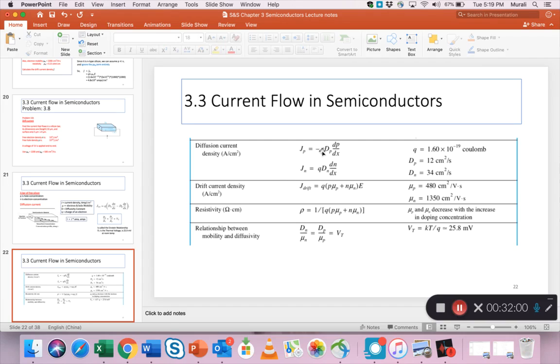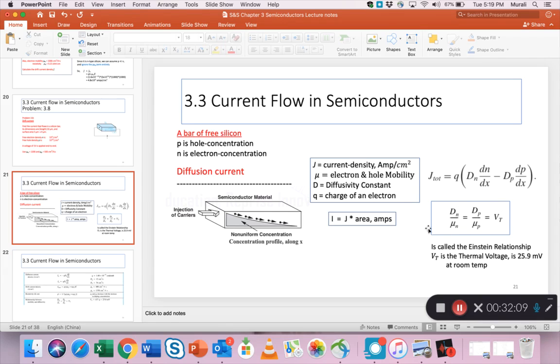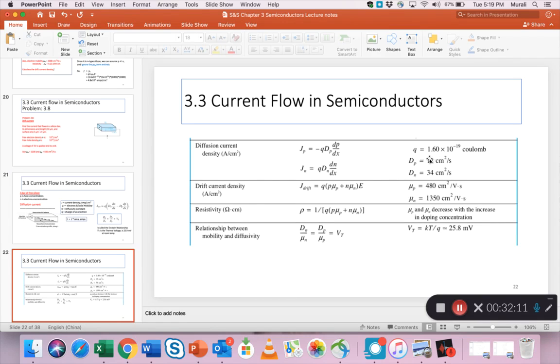This is the diffusion current formulas on the top, and you see there's a real value for dP and dN. I showed you that they exist, and they are 12 and 34 centimeters squared per second. So we may have to use these formulas and these constant values. Okay, and then the relationship between mobility and diffusivity.